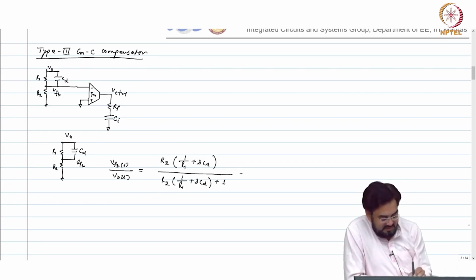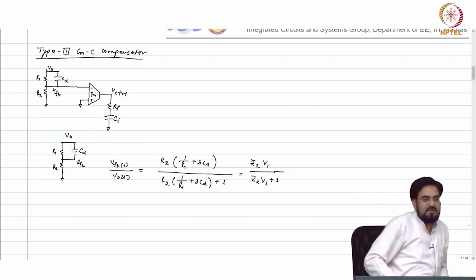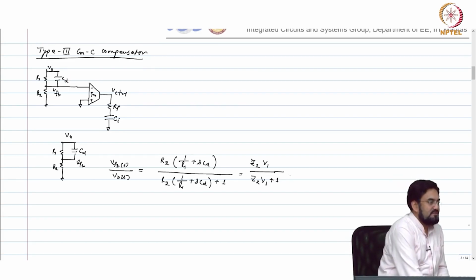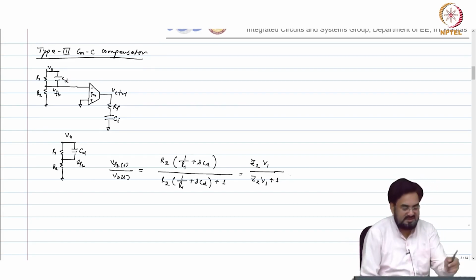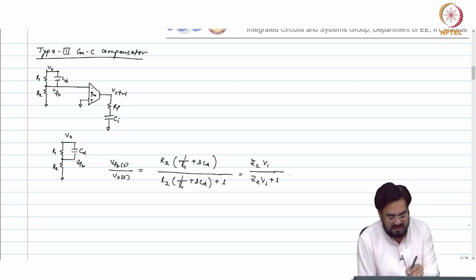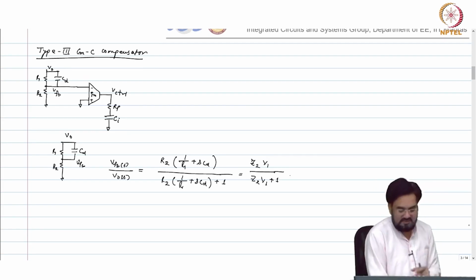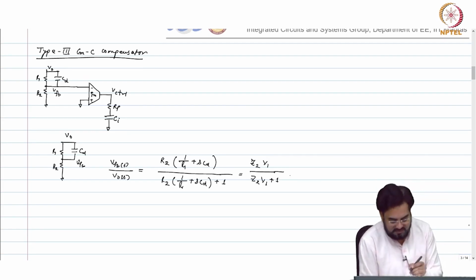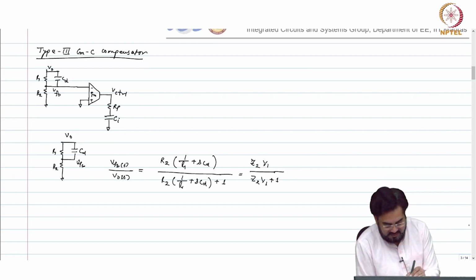So, this is nothing but Z2 Y1 over 1 plus Z2 Y1, which is nothing but Z2 over Z1 plus Z2. Since this is parallel, that's why I converted that Z1 to Y1, so that you can simply add the two terms, the conductance.